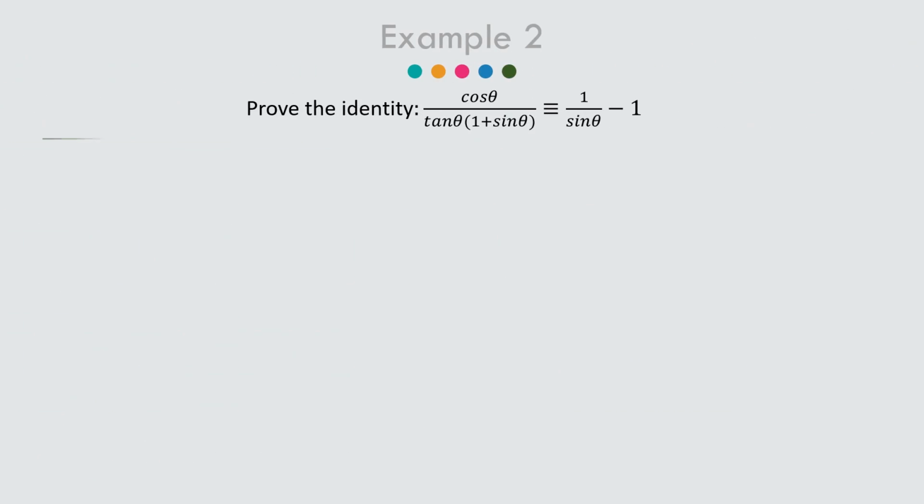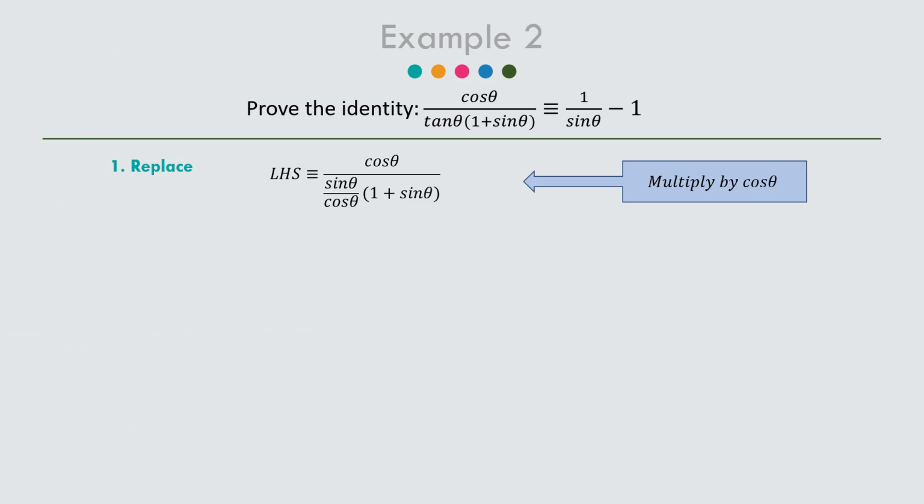In this example, we need to prove the identity that cos theta divided by tan theta brackets 1 plus sine theta is equivalent to 1 over sine theta minus 1. When I look at the left-hand side of our identity, I immediately realize that I do not want tan theta, so I replace the tan theta with sine theta over cos theta.